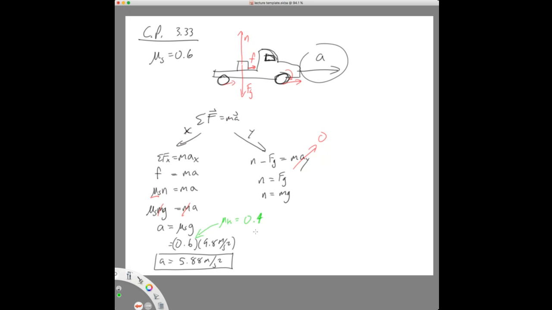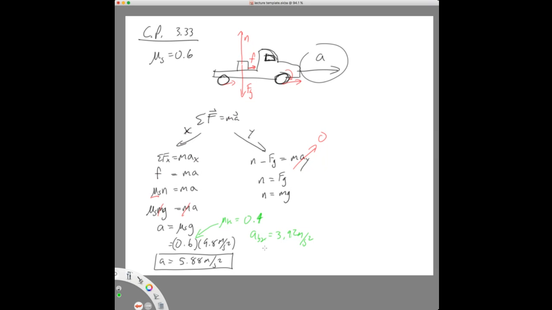Okay, if it's 0.4, then the acceleration of the box would be only 3.92 meters per second squared. That's if the acceleration of the truck is 6.